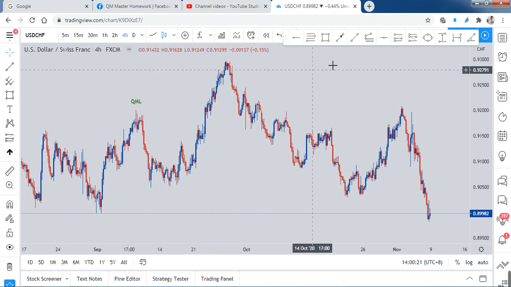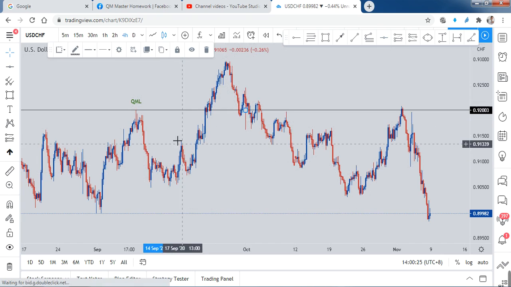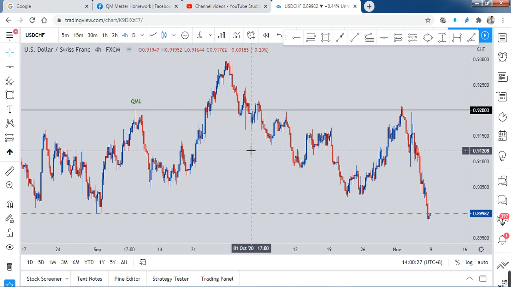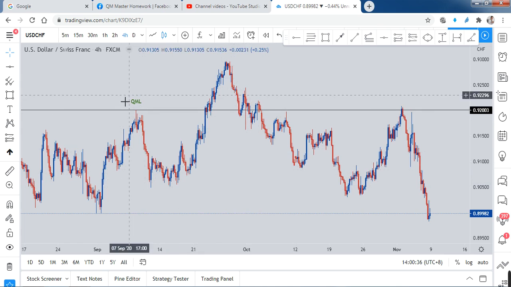I have my QML, and I have my line at the QML area first. This is my initial way of trading. First of all, I must stress something very important: QML is nothing. Don't take QML seriously.